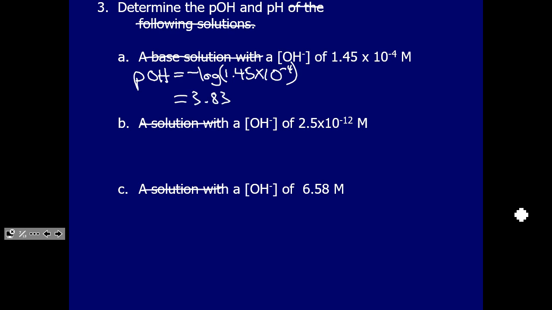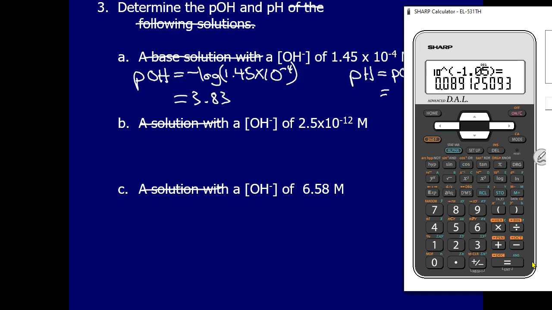Now, pH plus pOH equals 14. So to get pH, we simply take 14 minus the answer that we have, the pOH. Now, your calculator probably has an answer button. Can you find the answer button on your calculator? On this calculator here, the answer button is right down here. It's green, which means I have to click alpha and then answer.